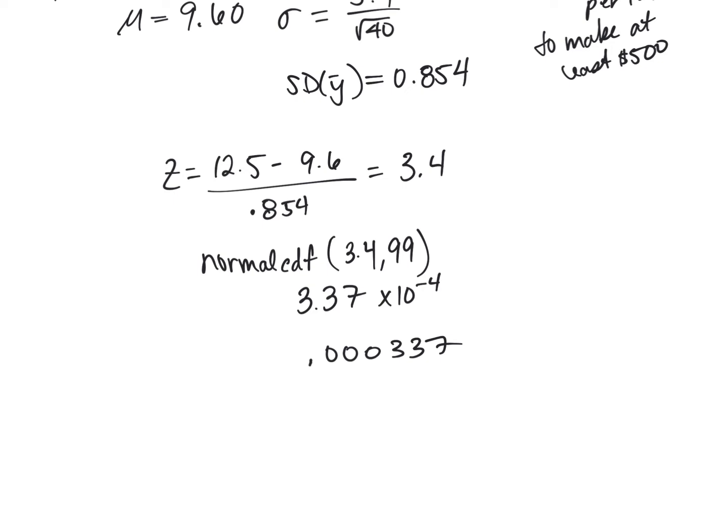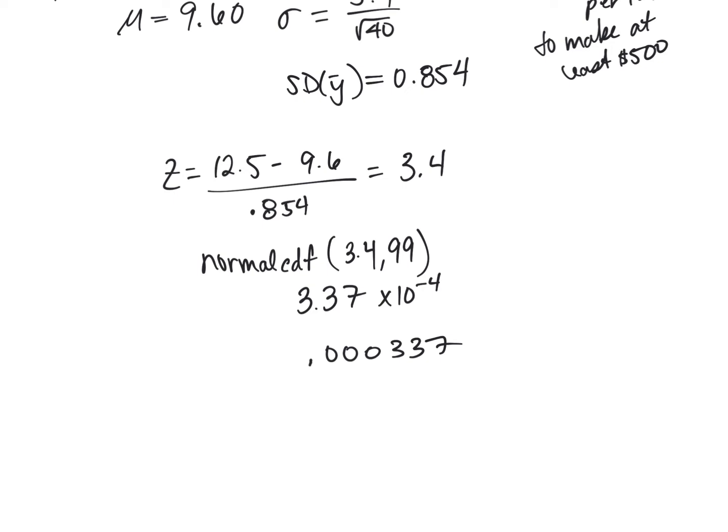So you could also say, no, it's not likely because there's only a 0.000337 chance of making an average of $12.50 per table. But make sure you answer that question. If it's, is it likely, you need to answer that question in context of the problem. Don't just say, no, it's not likely. You want to explain why, talking about the tips or whatever the question is asking.